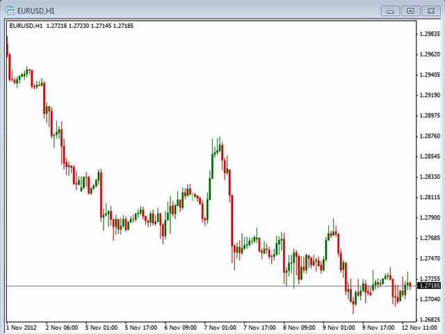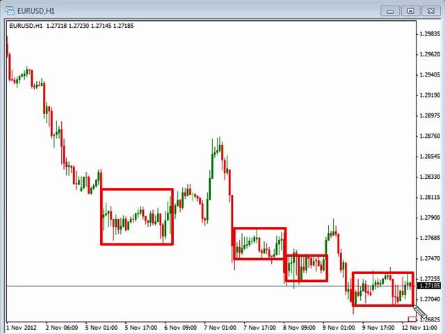One of the things that you'll notice over the last several days is that we've really experienced a lot of these tight sideways movements and then an explosion out of them.